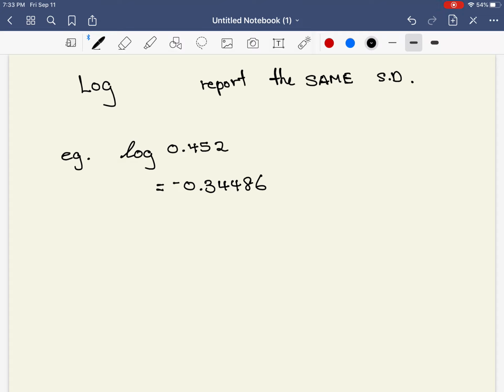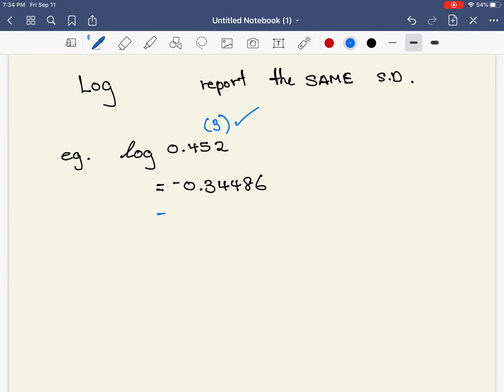Well, you're not going to write that down, are you? Your teacher's not interested in some of the numbers. He's only interested in how many numbers? Well, it says right here, you report the same significant digits. So in this case, this number, how many digits are significant? Whoa, I can see 3. So what does that mean? I'm just going to report 3.